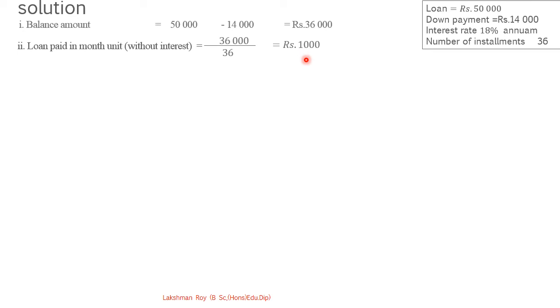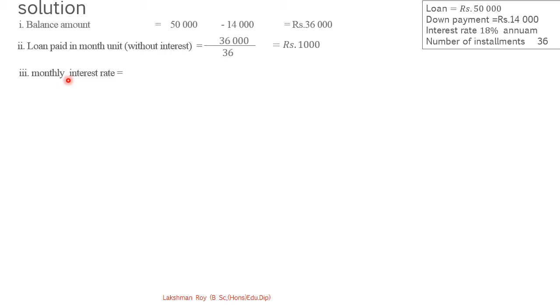But there is an interest, right? Roman number 3, monthly interest rate. Here they have given the interest rate, but that is annual, yearly. So you have to convert this 18% annual interest into monthly. How to do that?